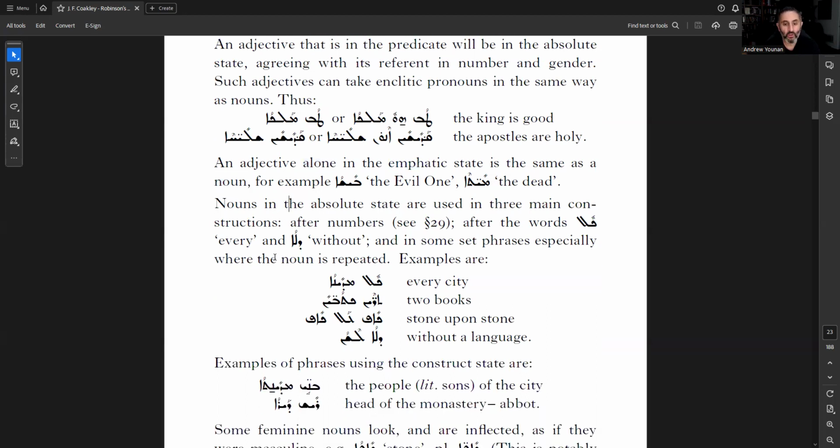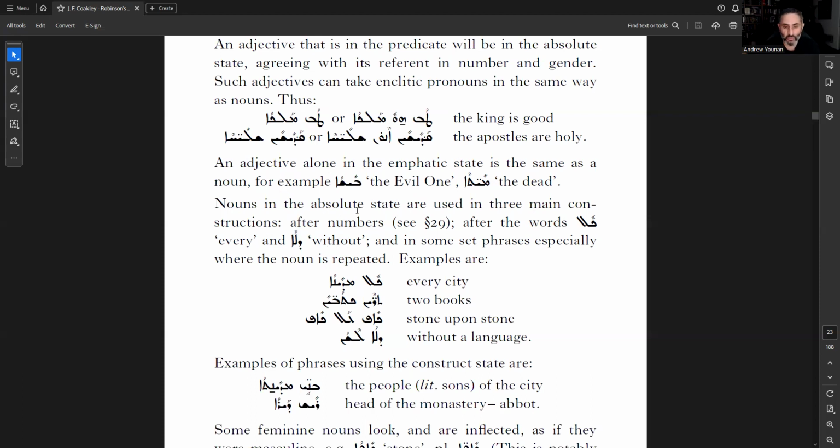Okay? Nouns, oh, finally, okay. Nouns in the absolute state are used in three main constructions. After numbers, like I said, after the words kul and dla. Oh, okay. I guess it's used also with dla. And in some set phrases, especially where the noun is repeated. So other, basically.